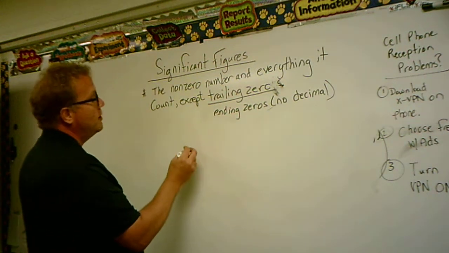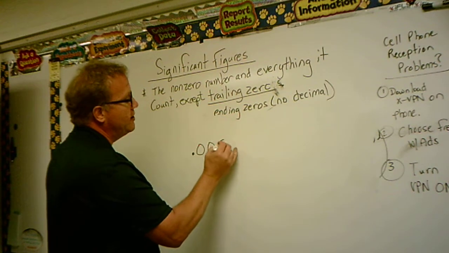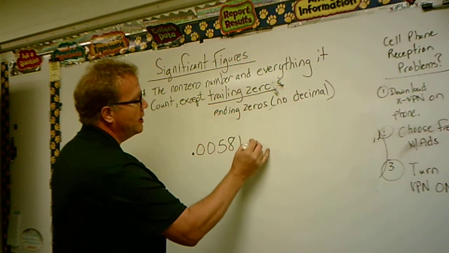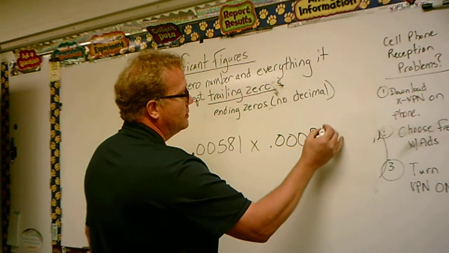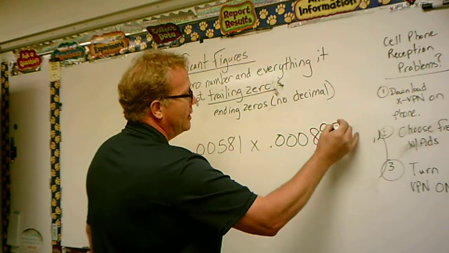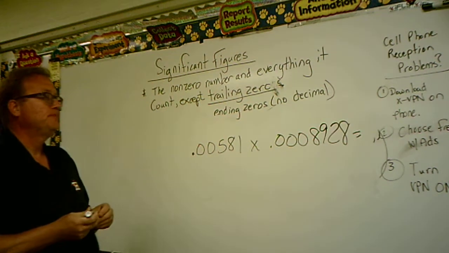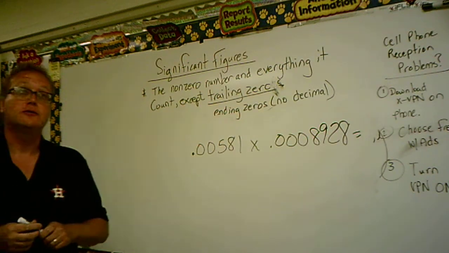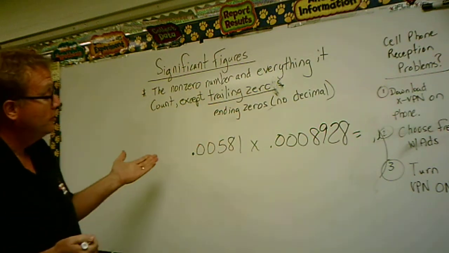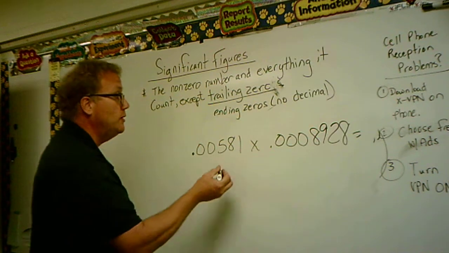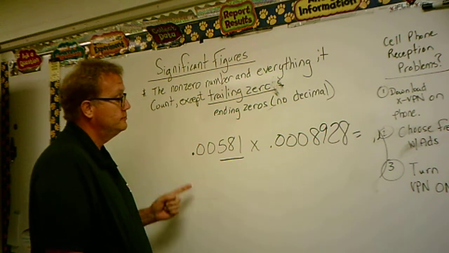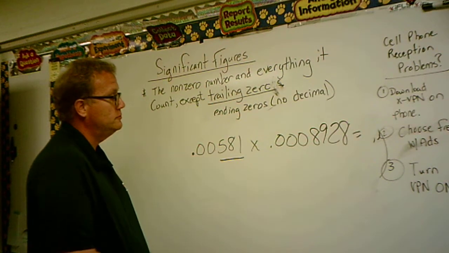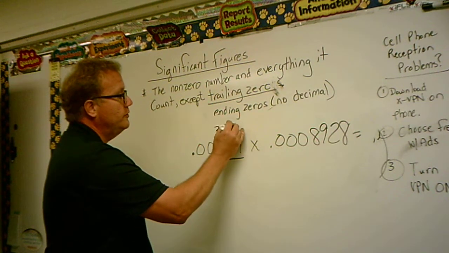So let's say we got 0.00581 times 0.0008928. Now we can do the same thing, look at our significant figures. We don't start counting until we hit the 5. So we got 3 here. Those don't count. 3 sig figs.